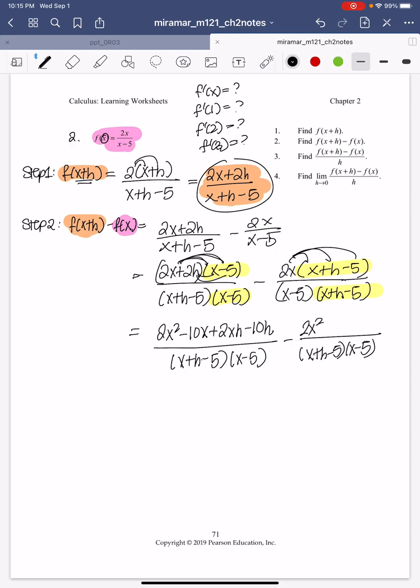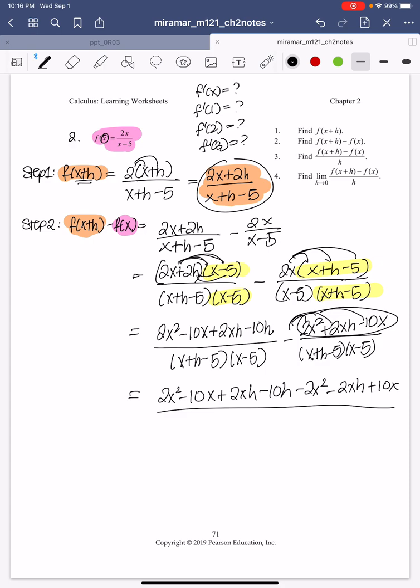Distributing, 2x squared plus 2xh minus 10x. Now we have a common denominator. I can subtract all these. So I'm going to end up having 2x squared minus 10x plus 2xh minus 10h minus 2x squared minus 2xh plus 10x all over x plus h minus 5 times x minus 5.